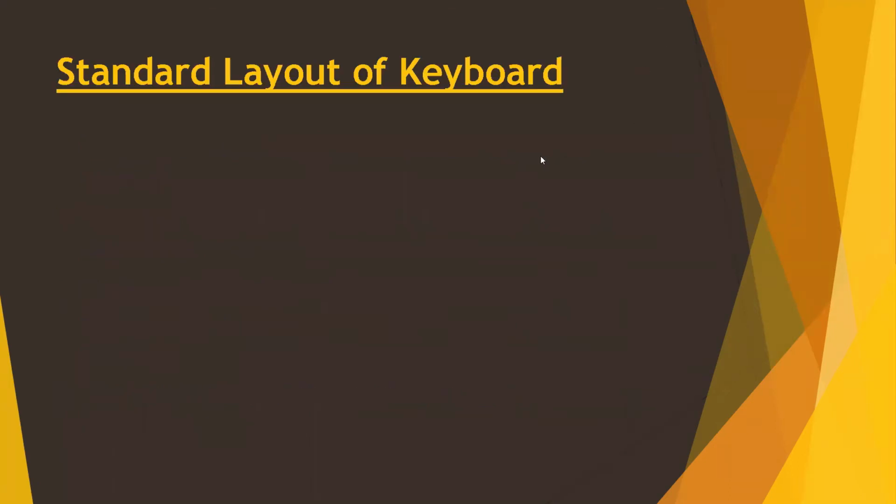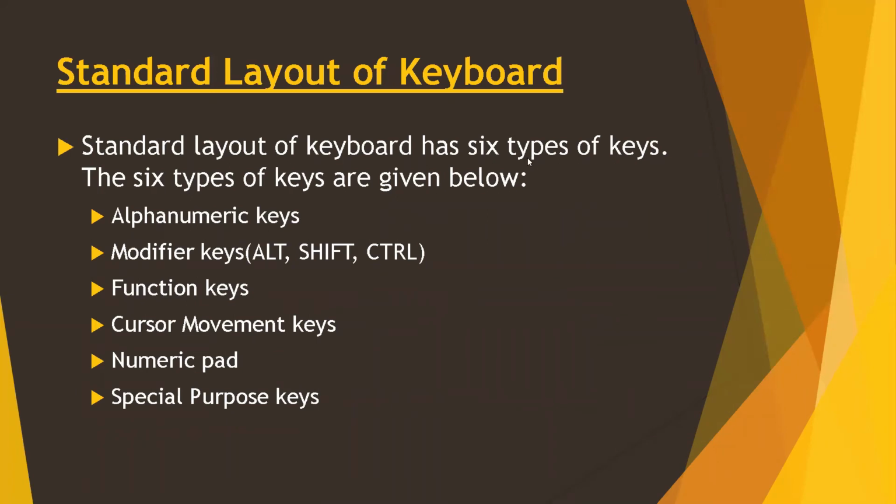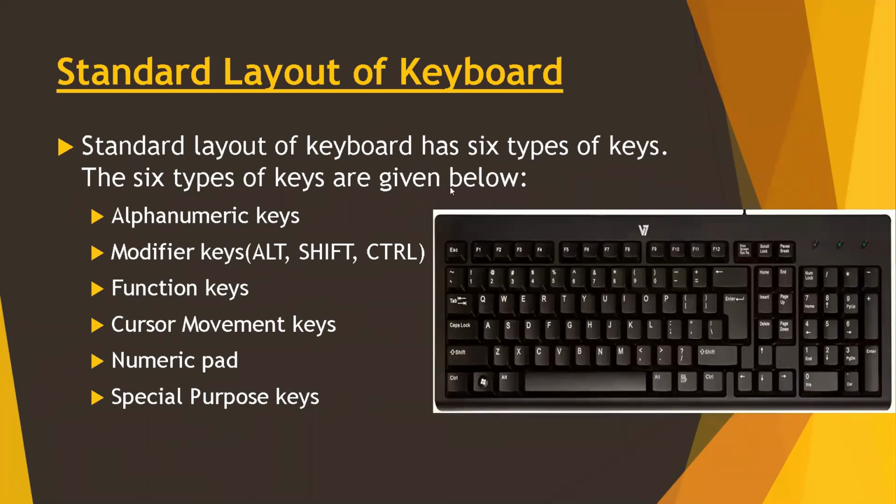Let us see the layout of the keyboard. The standard layout of the keyboard consists of 6 types of keys. Let us see them one by one. Alphanumeric keys: what is alphanumeric? There are alphabets and numbers also. Then modifier keys: Alt, Shift, Control.